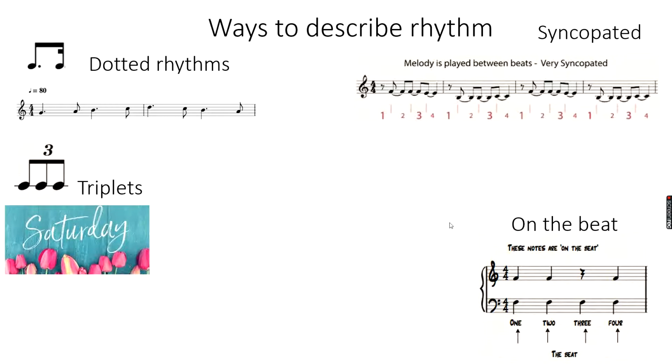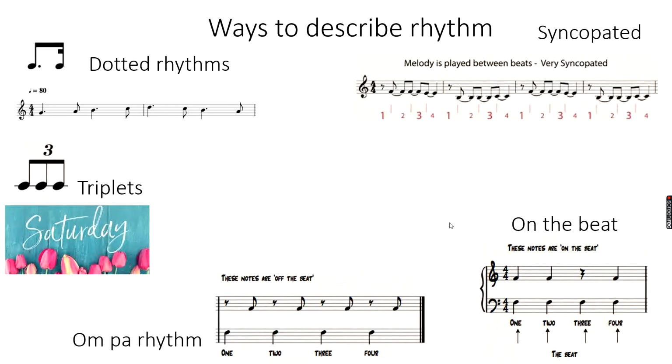There is a hybrid, or what we can do is combine both, syncopation and on the beat, and create what's called an umpa rhythm. So this is where you may have the bass, which is on the beat, and maybe the treble or the higher part is off the beat.